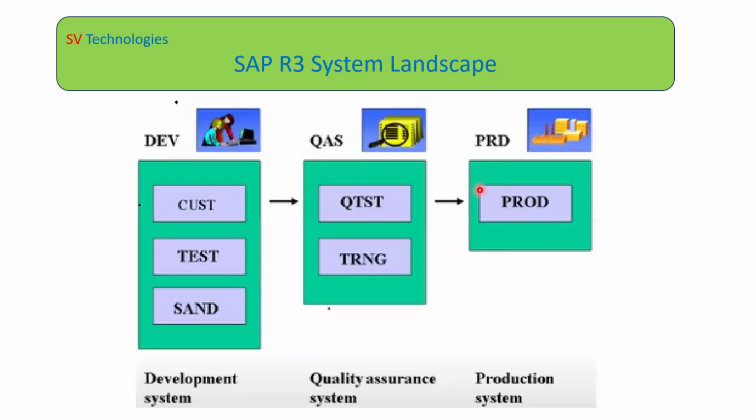Then the business team, business managers and client management will achieve whatever targets they wanted to achieve by implementing SAP. So that is the reason in any project we have to focus more on client end user training.